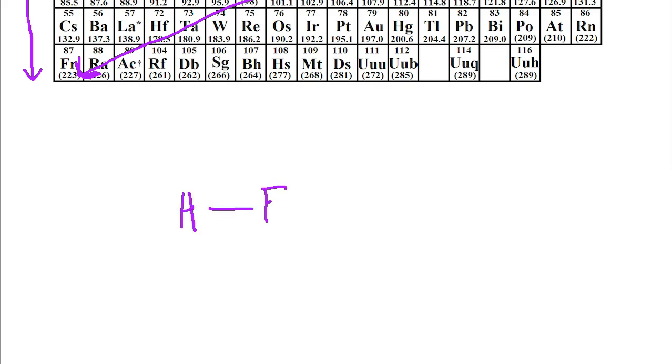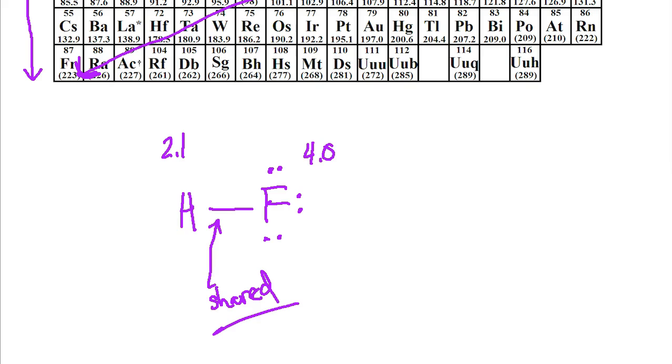If I have HF, right, and I can put the lone pairs of electrons here, these are going to be shared, the ones that are represented by the bond. And when I look at hydrofluoric acid, the fluorine has a value of 4.0, the hydrogen has a value of 2.1. So if I look at this, the difference between these is 1.9, so I'm almost to an ionic bond.